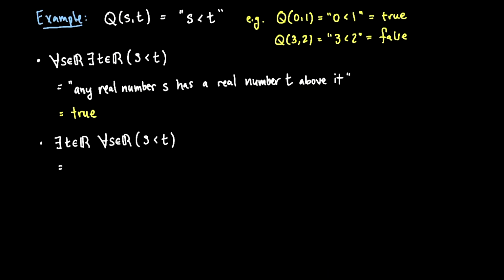Let's say this says that there is a real number t such that every other real number is below it. So this is kind of like saying there is a real number t bigger than every other real number, or bigger than all real numbers.